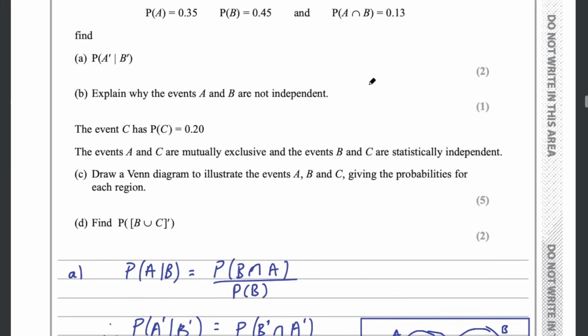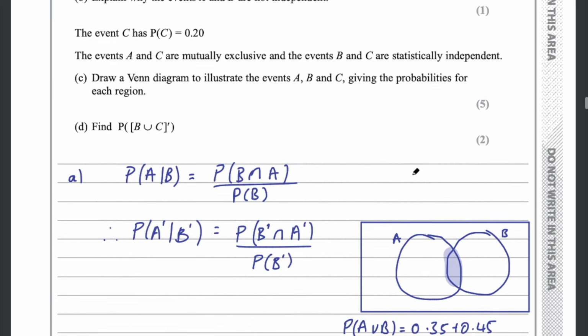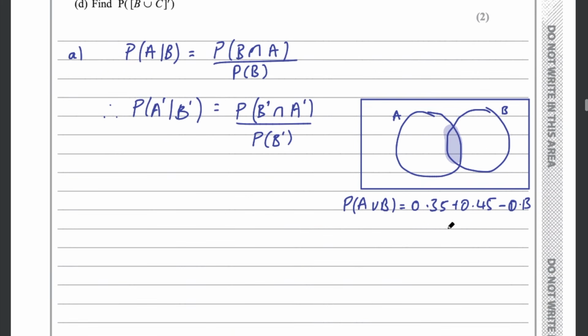And they've told us that as well. They've told us the intersect is 0.13. Okay, so if we work that out, 0.8 minus 0.13, that's 0.67. Okay, so that's that area in here. So probability of those things. And we want the area outside.